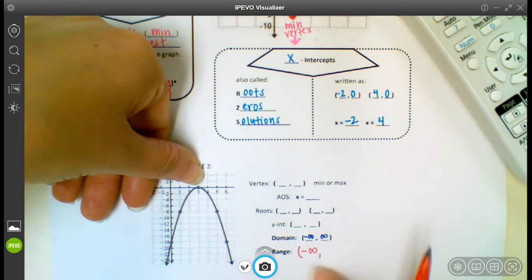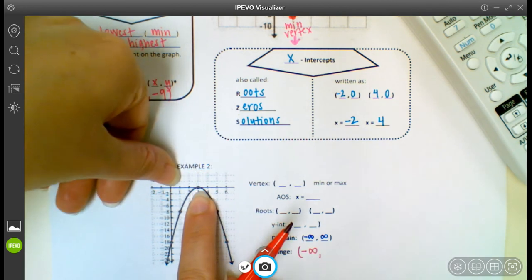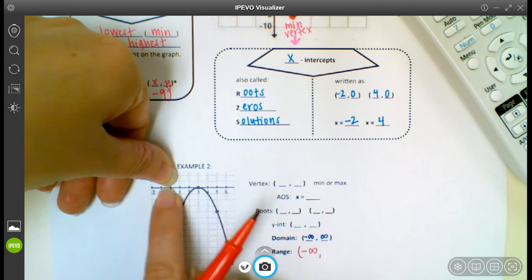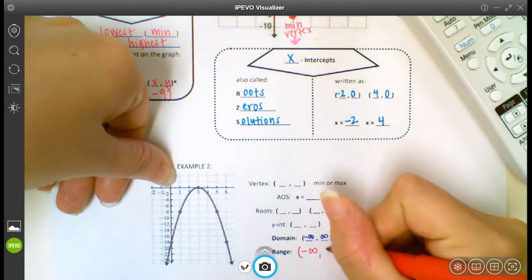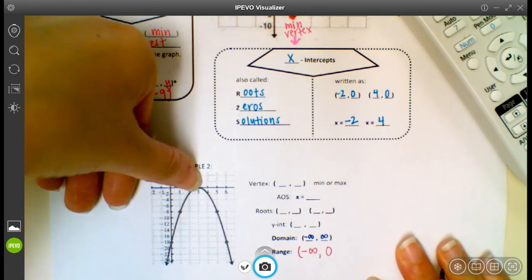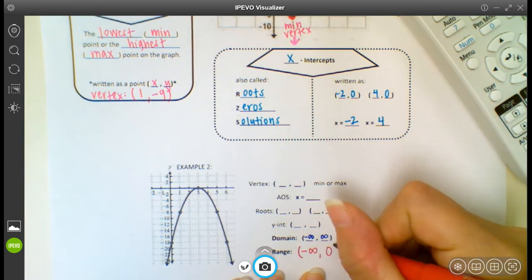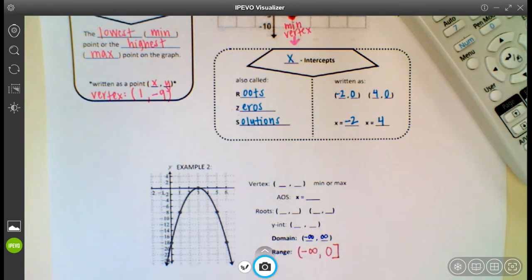So the range is from how low, which we're in the negatives, and we're coming up to the y value here. How high am I on the graph? Well, I stopped at the x-axis, which means I stop at 0. I don't go past 0. And since I can be at that point, we are going to use a bracket.